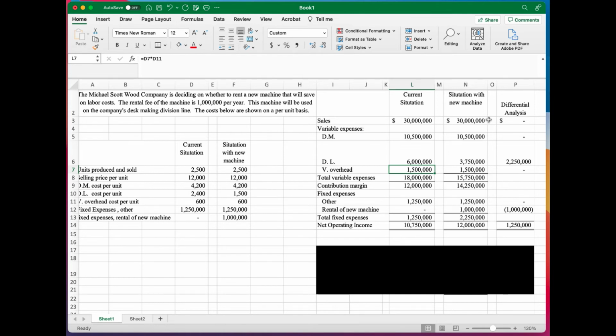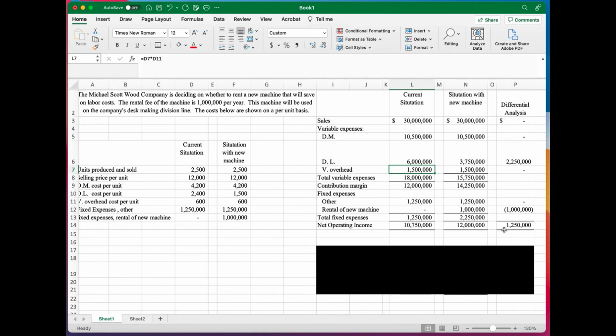So then what I can do here is I went through the contribution format income statement. I looked at both relevant and irrelevant costs, and I had to make the decision. What's relevant, what's irrelevant, okay? I have a relevant benefit of $2,250,000 savings. I incur a relevant cost of $1 million. The difference between those two is $1,250,000.